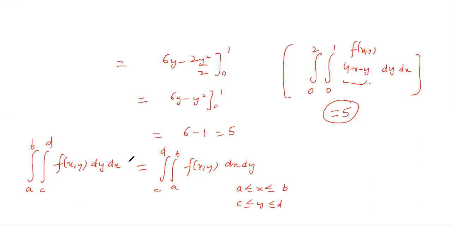But here is an important point: they come out the same only because the underlying domain is a rectangular domain. I hope you understand the meaning of a rectangular domain.